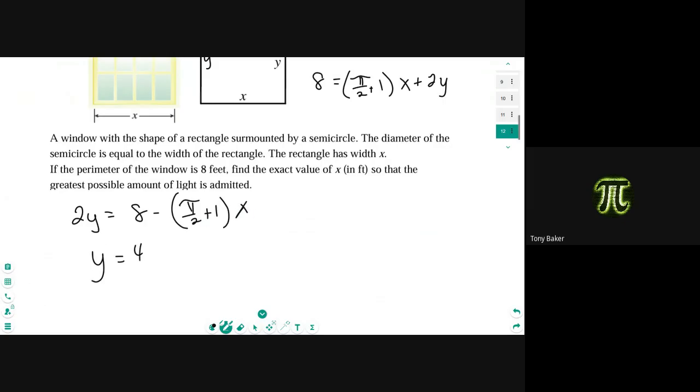So y equals 4 minus pi over 2 plus 1 divided by 2, x. So just messy, but it's still just a number.